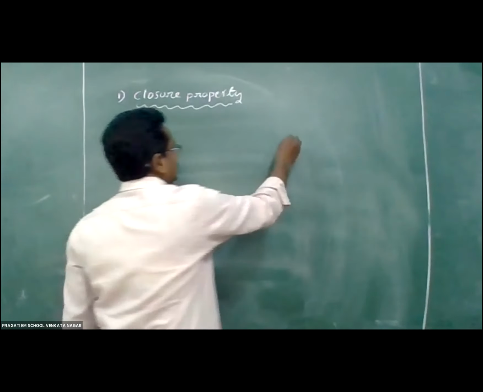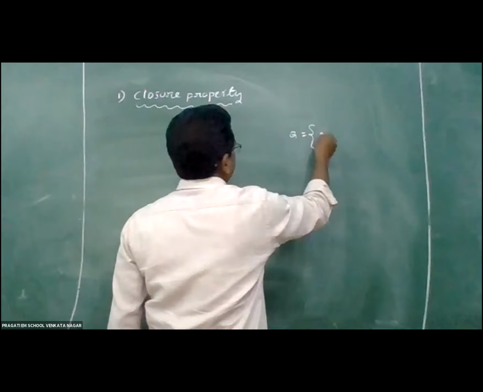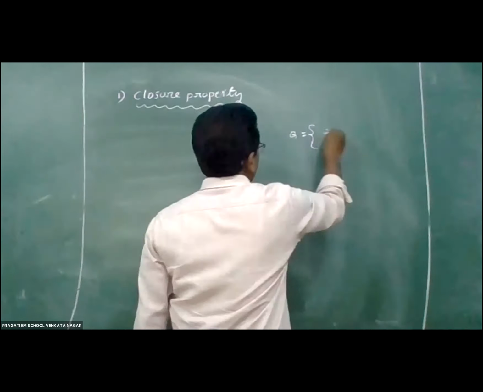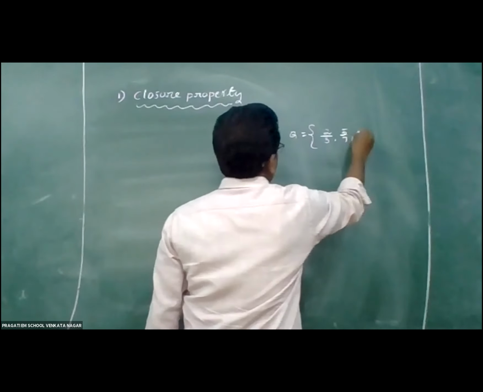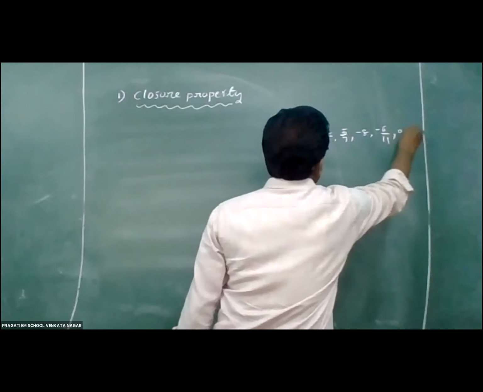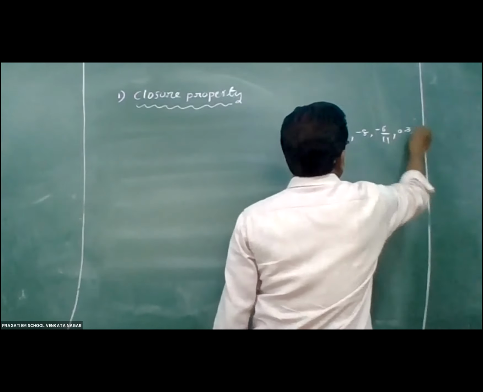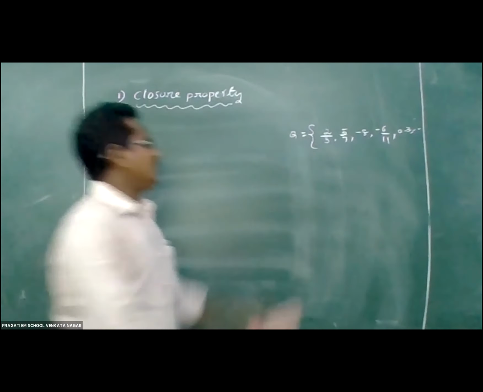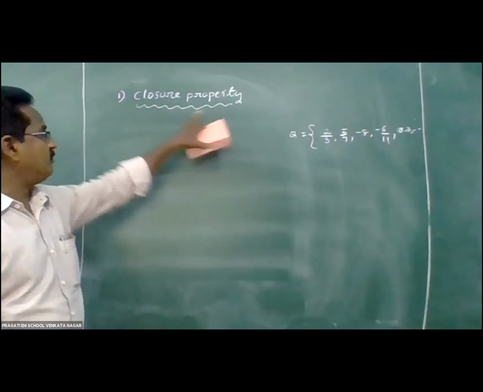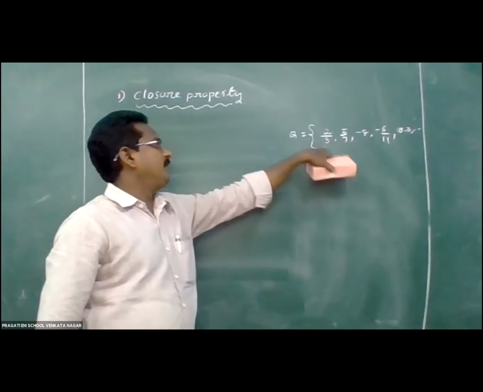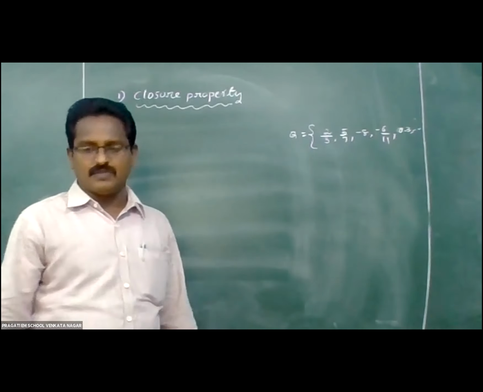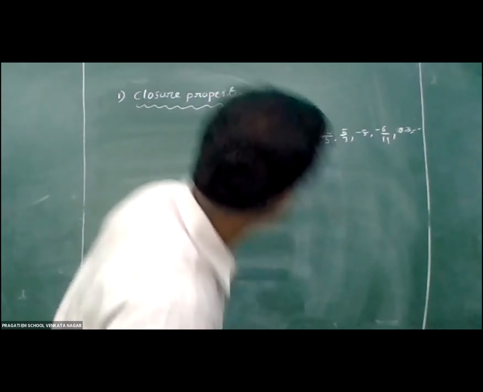Rational numbers means Q. Q is the set of all rational numbers, such as 2 by 3, 5 by 7, minus 8, minus 6 by 11, 0.3, and 0. Every such number is a rational number. We are talking only about rational numbers, not irrational numbers.